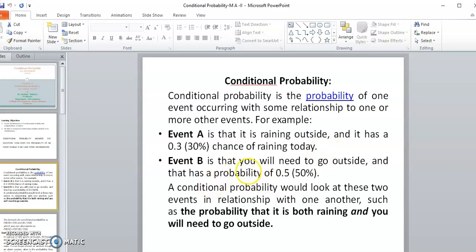Event B is that you will need to go outside, with a probability of 0.5, that is 50%. A conditional probability would look at these two events in relationship with one another, such as the probability that it is both raining and you will need to go outside.